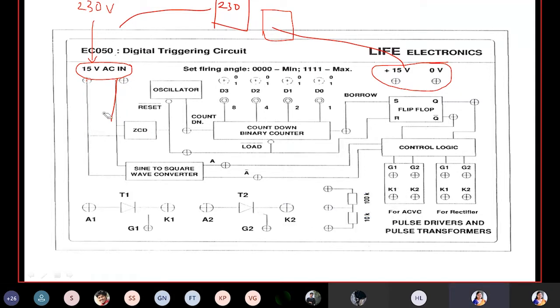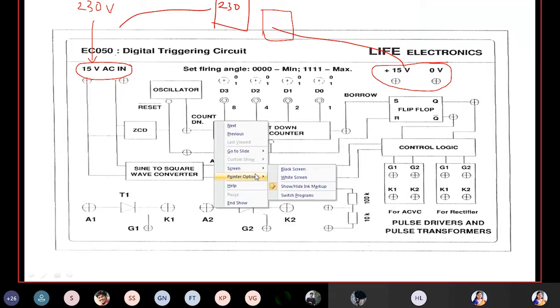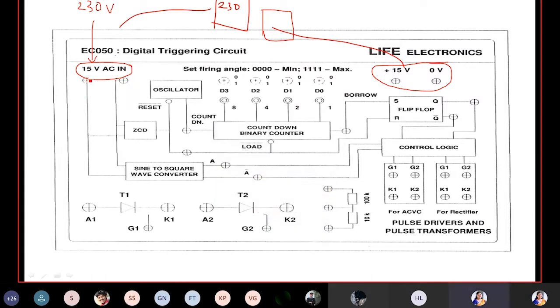Now this is connected to this terminal and this terminal. What is this? ZCD. What is ZCD? Zero crossing detector.